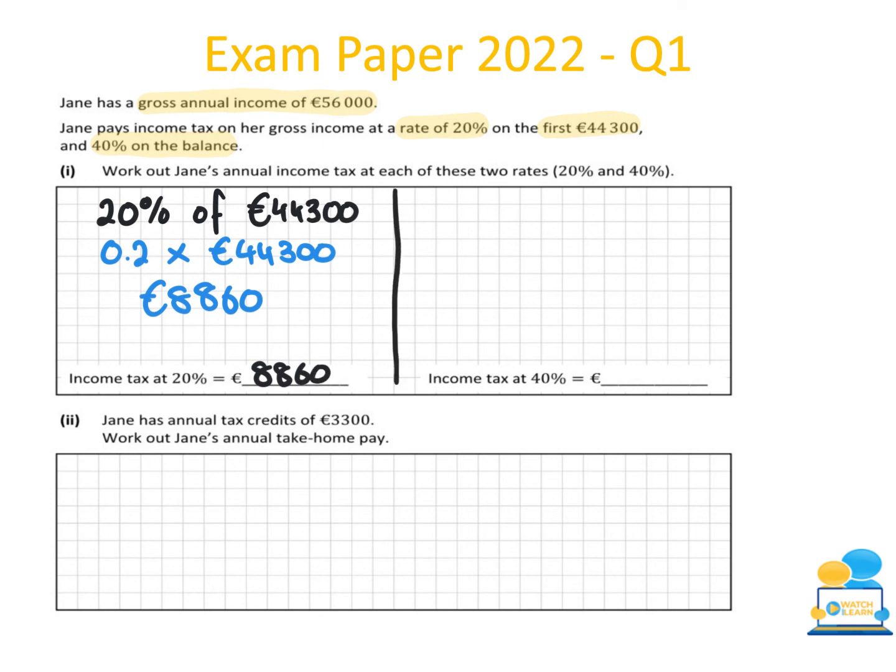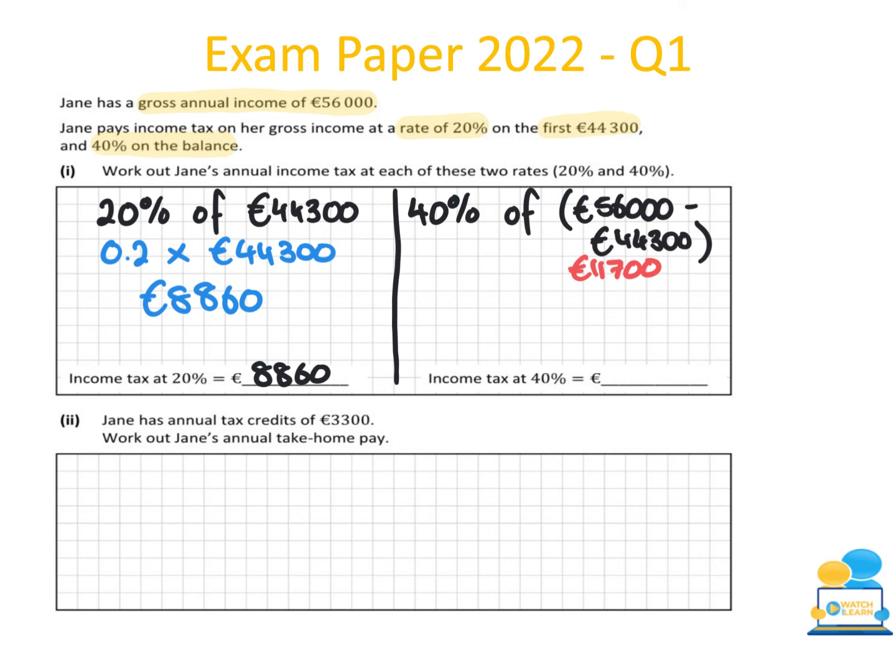The second part of this question wants me to find out how much tax she pays at the higher rate. So we need to find 40% of the remainder of the money that she has left over after 44,300. So we're finding 40% of the difference between her total income, which was 56,000, minus 44,300. So that difference works out to be 11,700.